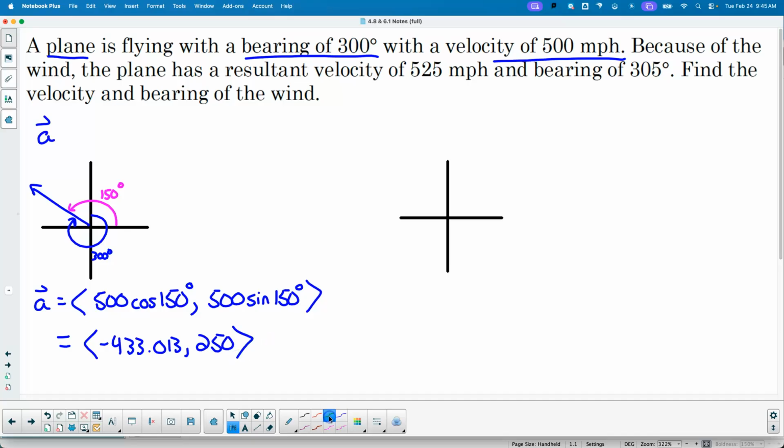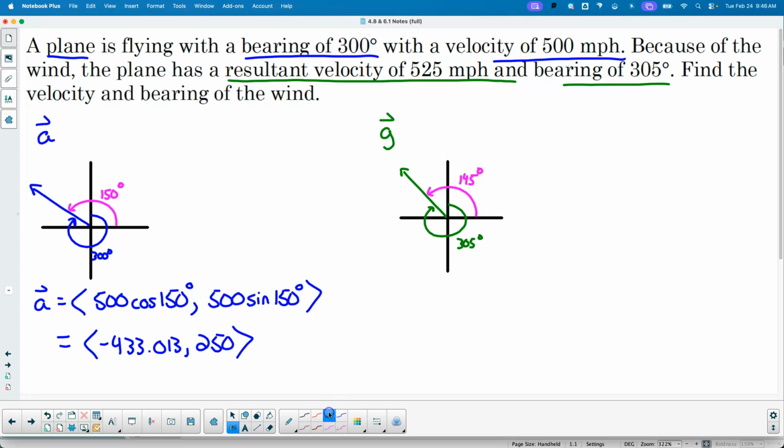Then it told me that I had a resultant velocity of 525 and a bearing of 305. That's going to be G. So my bearing there is 305. So this right here would be 305 degrees, which means this angle here is going to be 145 degrees.